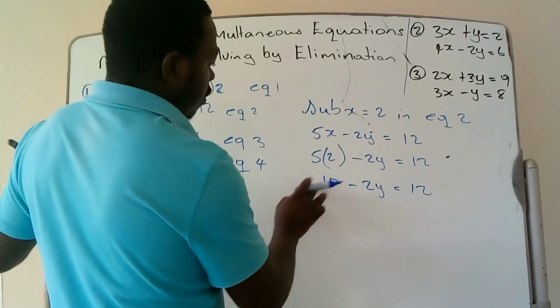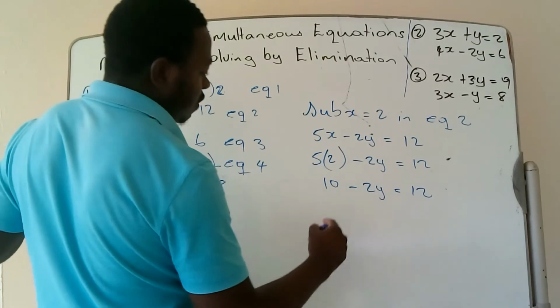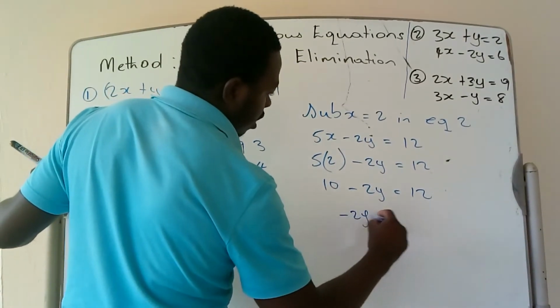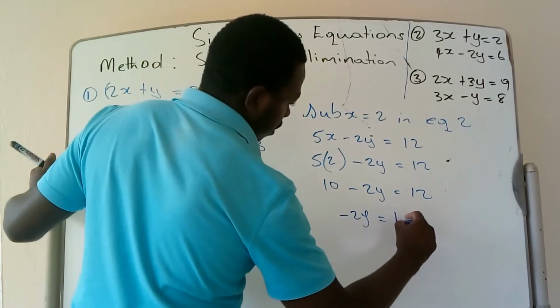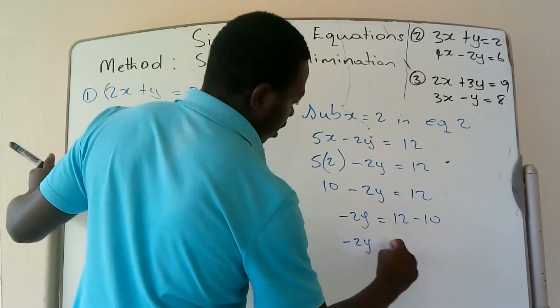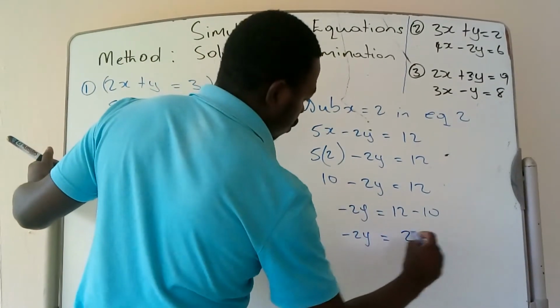I want to get rid of the 10. This is a positive 10, so I need to subtract 10 from both sides. I'm left with minus 2y equal to 12 minus 10, which gives me 2.